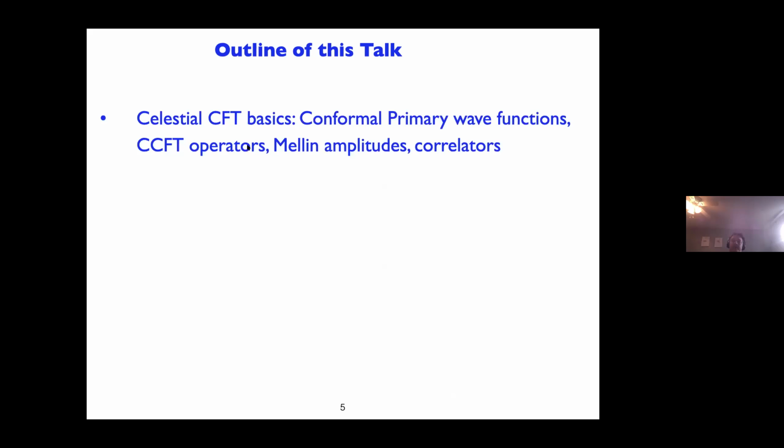The outline of this talk. As I said, I will try to keep some time for questions. I will discuss the celestial CFT basics, on which we already had one very nice talk by Laura and one earlier by Andrea, who unfortunately was unable to attend. I will discuss conformal primary wave functions, celestial CFT operators, Bellin amplitudes, and the relation of those two correlators on the celestial CFT. Then I will try to explain how we can extract the operator product expansion in celestial CFT from the S matrix.